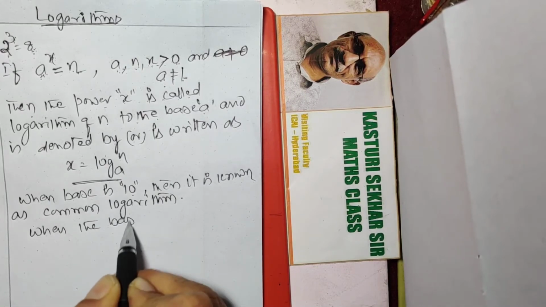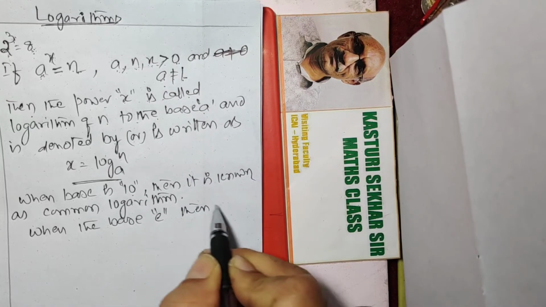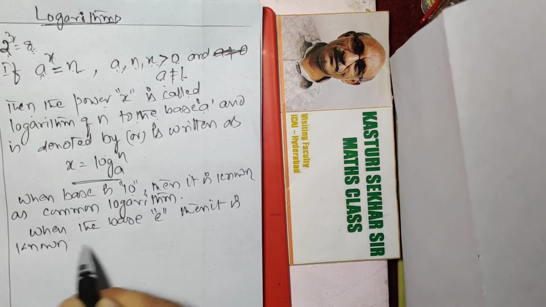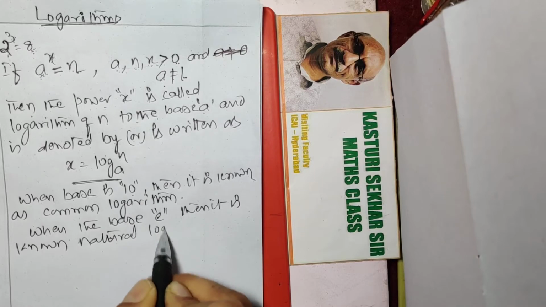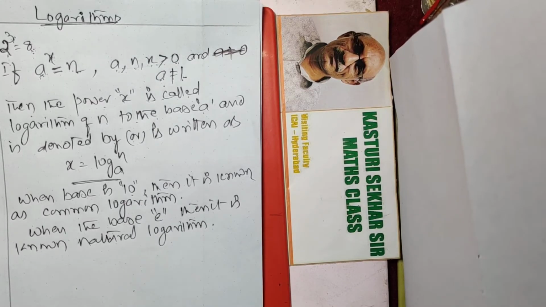When the base is e, then it is known as natural logarithm.